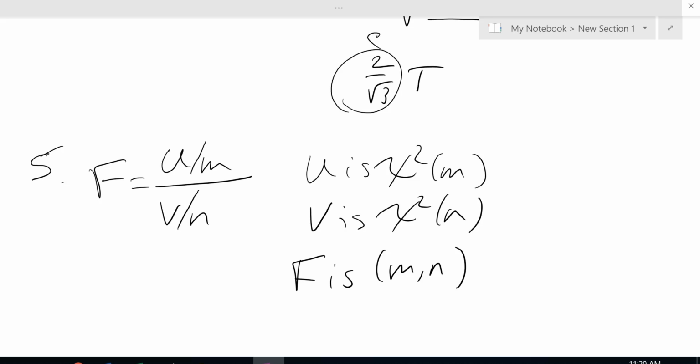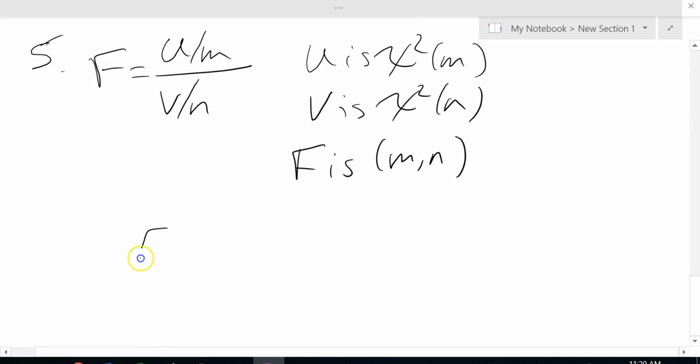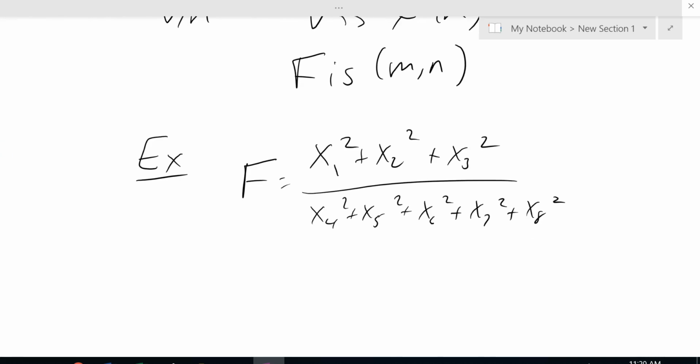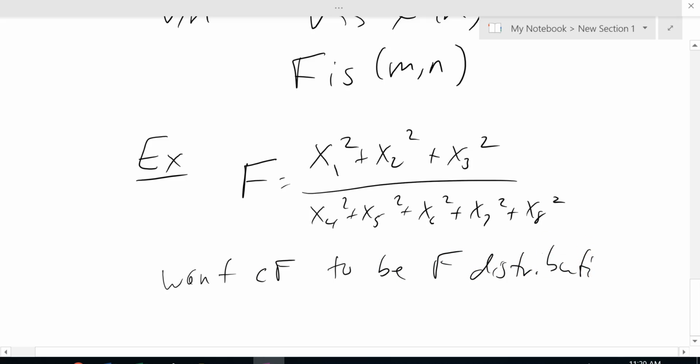So again, much like I talked about that previous one, I could say as an example, I'll call it f for lack of a better letter, if you've got x1 squared plus x2 squared plus x3 squared over x4 squared plus x5 squared, x6 squared, x7 squared, x8 squared. Again, let's find a c to make an f distribution.